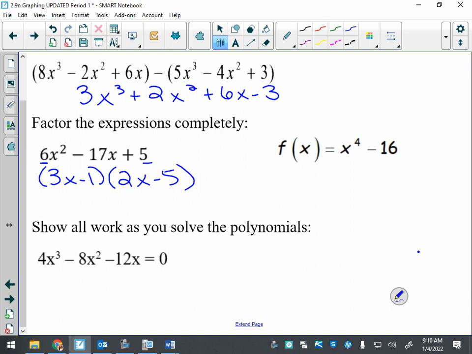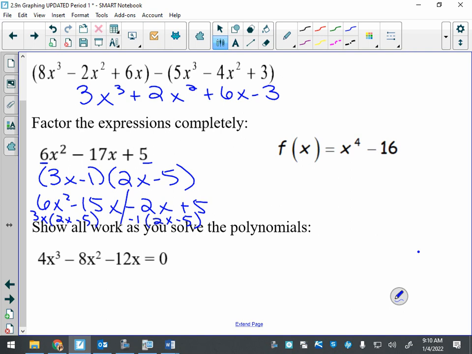What multiplies to 30 but adds to negative 17? It was negative 15x, 2x, plus 5. And when you split the middle, the greatest common factor of the first two is 3x. You're left with 2x minus 5. The greatest common factor of the next two is negative 1, 2x minus 5. You group together your outside, 3x minus 1 and 2x minus 5.